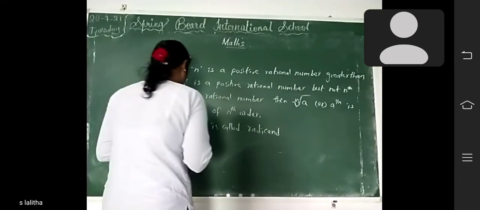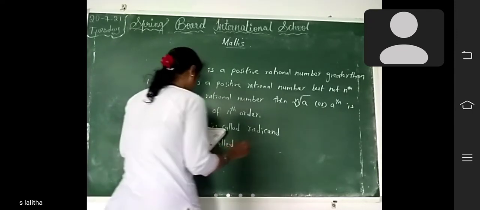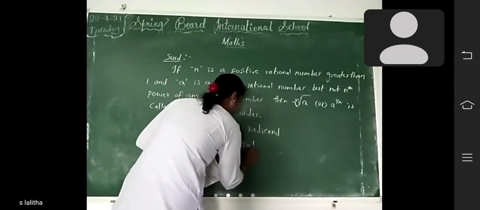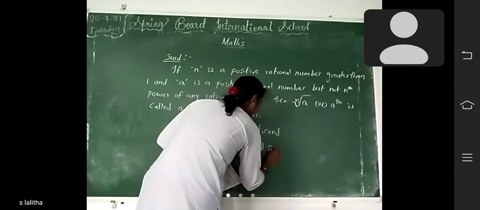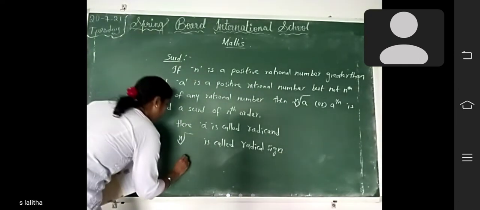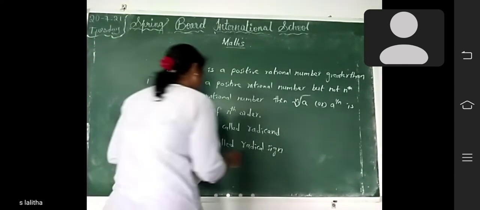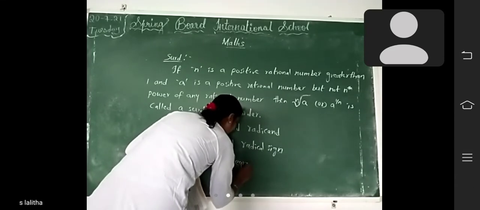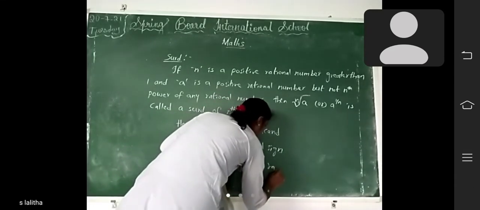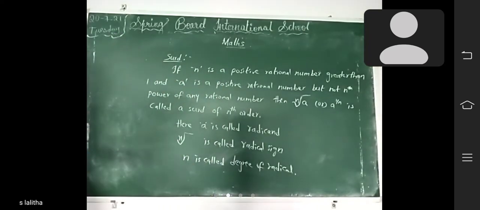Nth root is called radical sign. Radical sign. N is called degree of radical. Degree of radical. Come on, write.